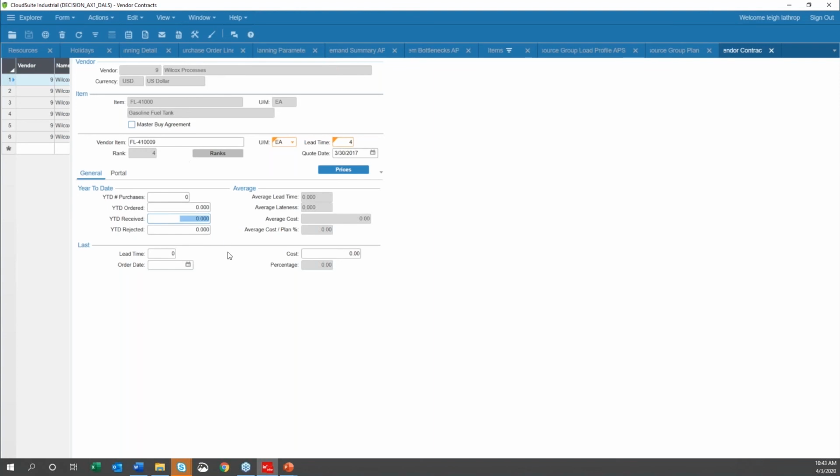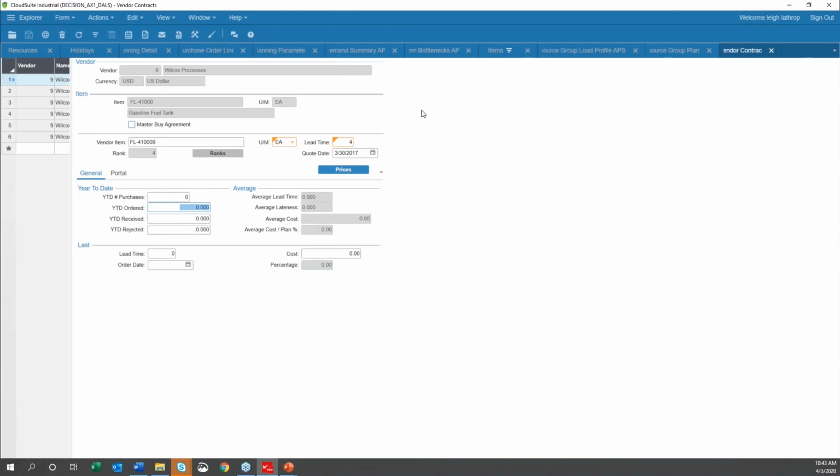Just because I don't have an open purchase order at this moment with this vendor does not mean that I don't need to assess that vendor's ability to supply me in the future. So I think a great place to start is with the vendor contract form, because it's creating the association between the vendor and the items, and I can get some bits of information about whether this is an active item for us or not.